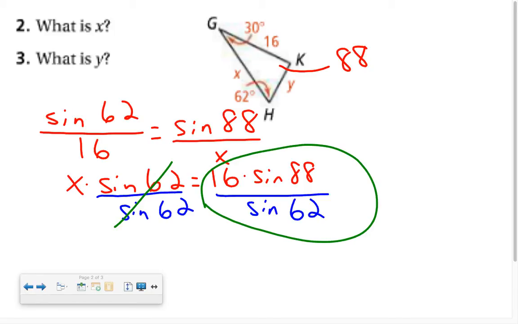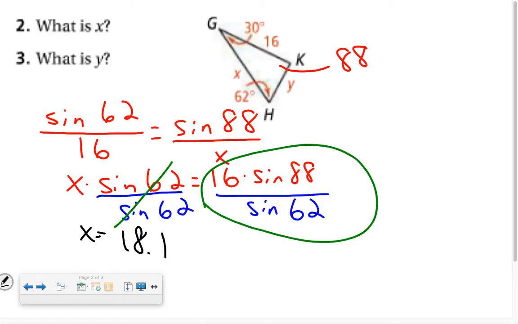So I have 16 times the sine of 88, close parentheses, divided by the sine of 62. And that gives me 18.1 approximately. So the value of x is 18.1.